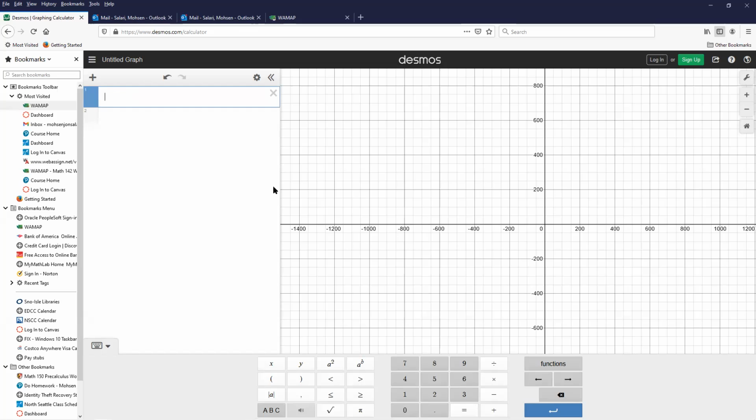So what I had was 2x squared, remember, I'm using x instead of w, but it doesn't matter since I'm in Desmos. Parenthesis, 25 over x, and then minus x over 3.